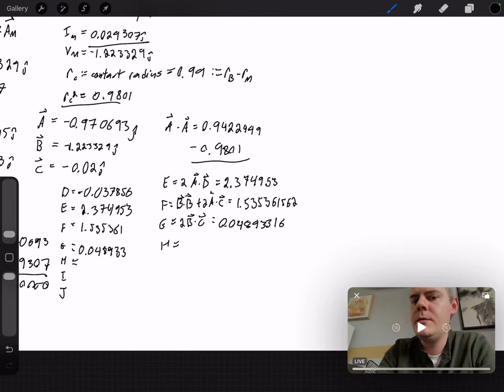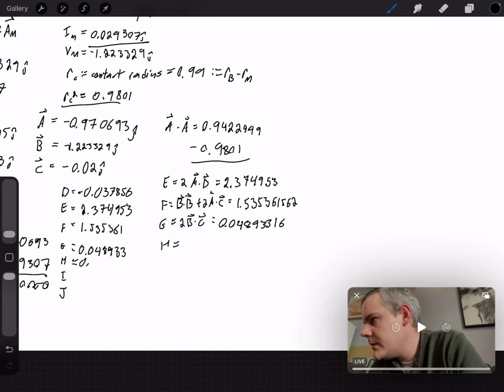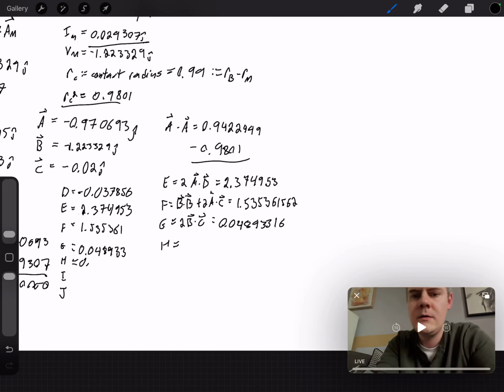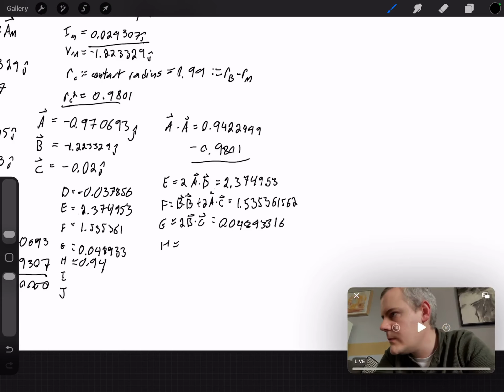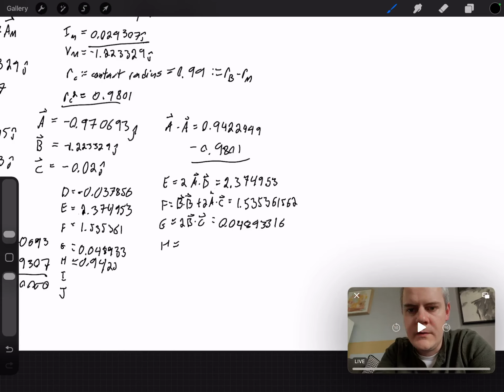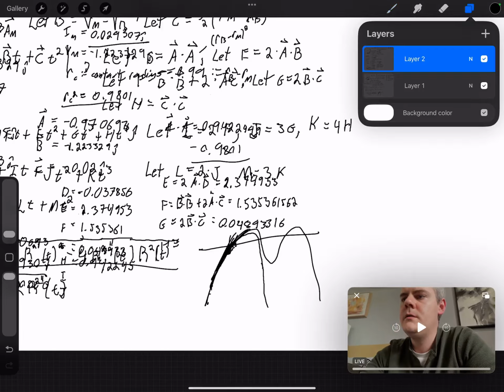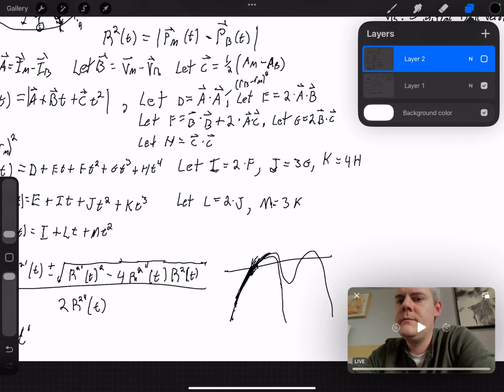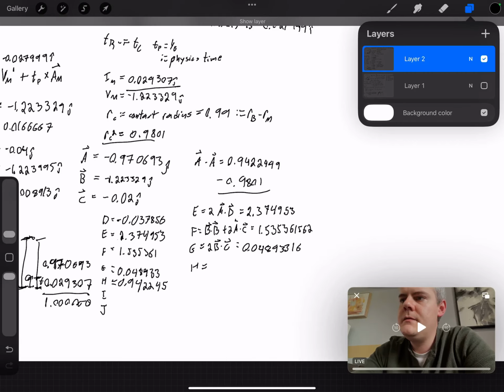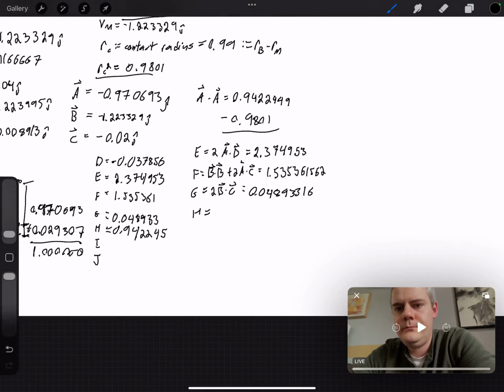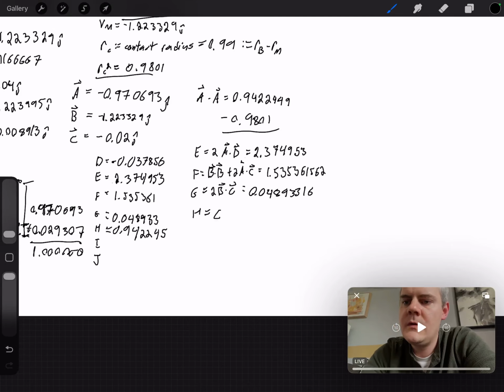H is equal to, oh, I should just get the literal first. 0.942245. And what do we say H is? H is C dot C. Oh, we are not really halfway done because I left out stuff.